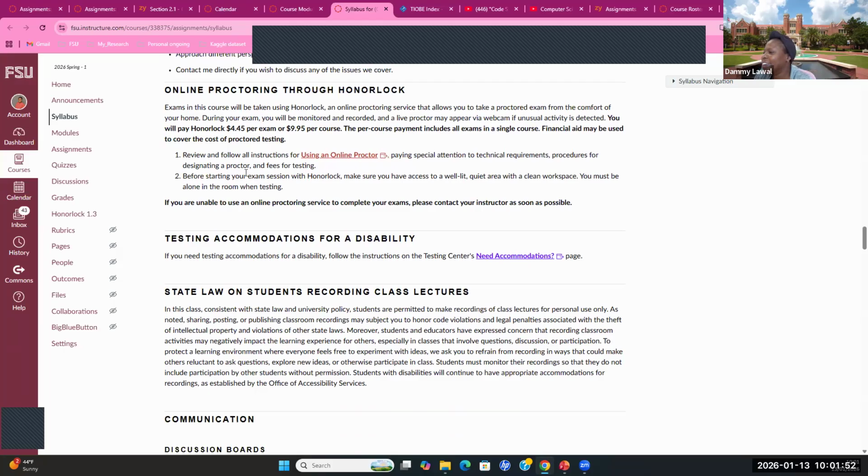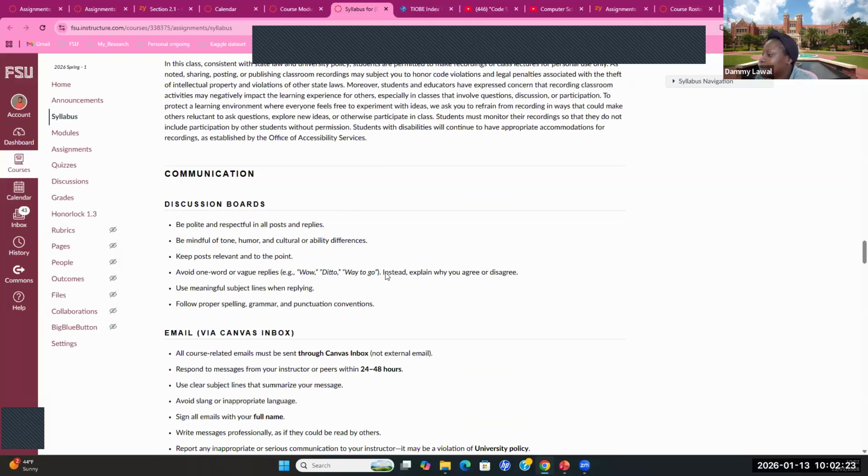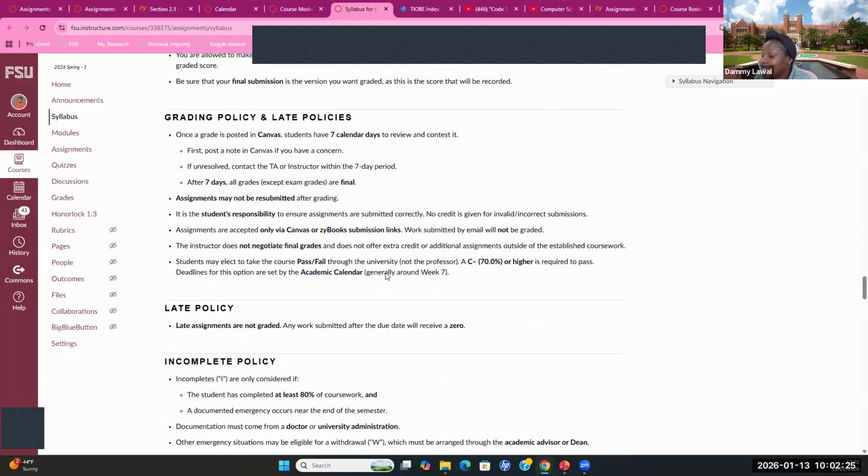So if you've not taken an exam using this method, please read more on it. However, I will be providing some information as we get closer to the exam dates, so that's not a problem at all. If you need testing accommodation, please reach out to the OAS office, and there's a link here to guide you and support you on this.